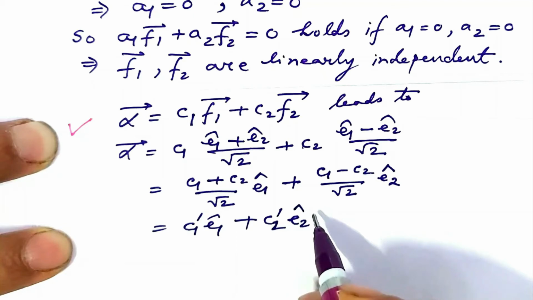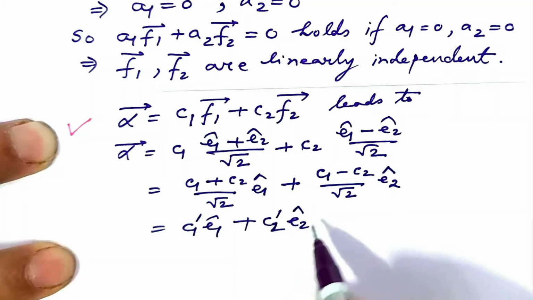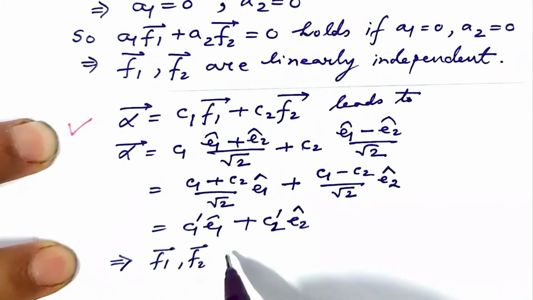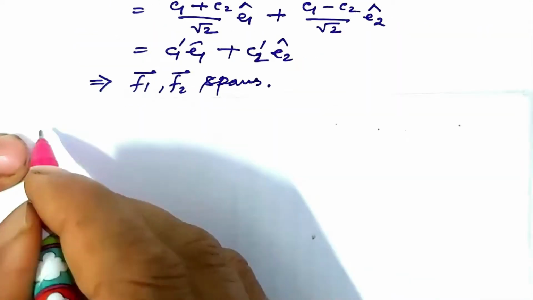So the expansion of vector alpha in terms of vectors f1 and f2 that we started with is justified too. So vector f1 and vector f2 span the 2D space.